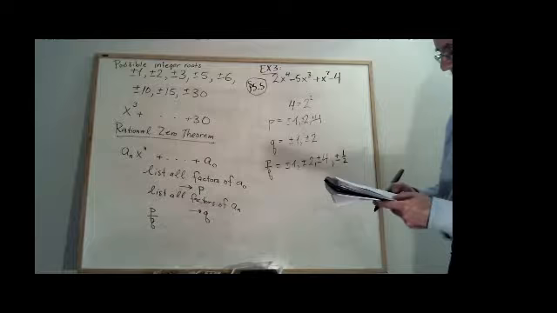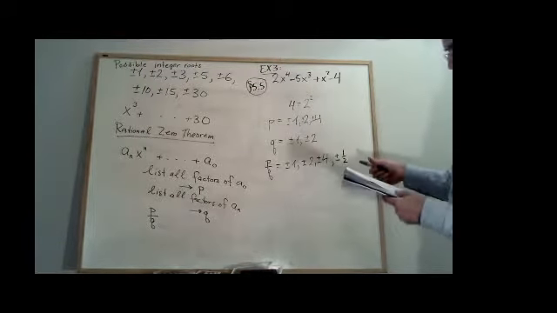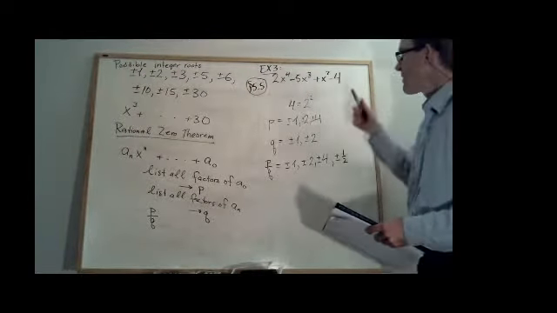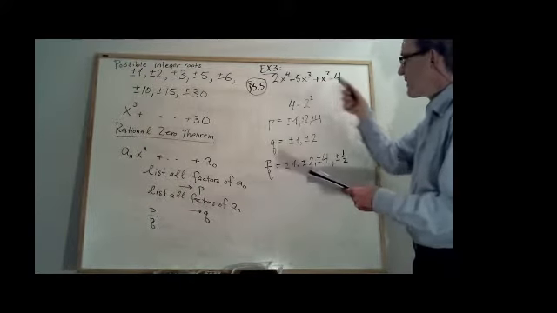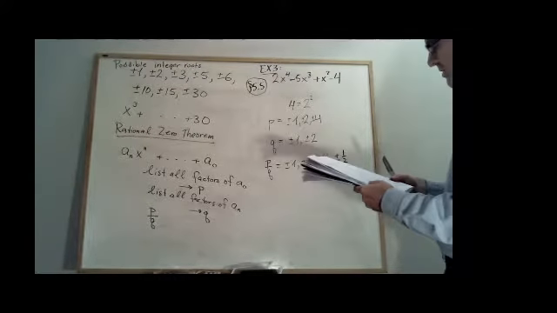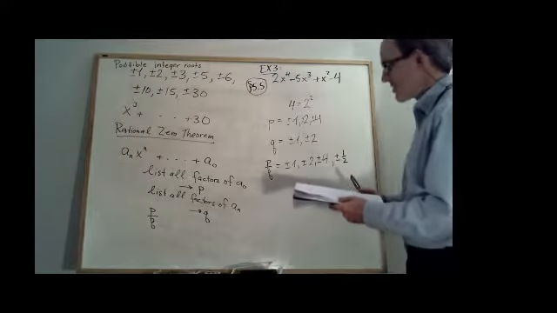Okay, so now I tried all these roots, and it looks like none of these actually work for this polynomial. But if one could change the terms here, then it might be possible that some of these are roots.